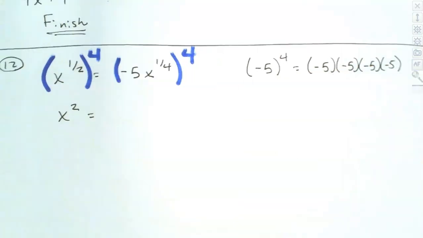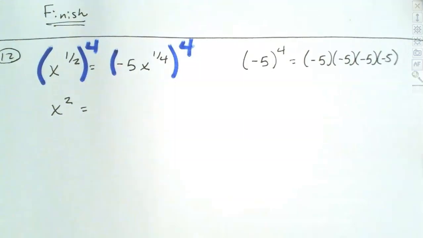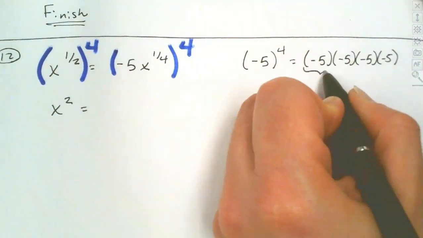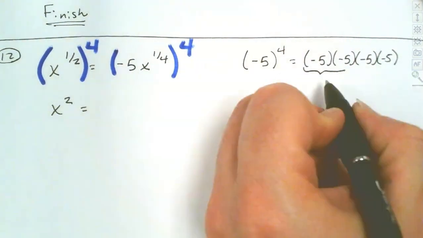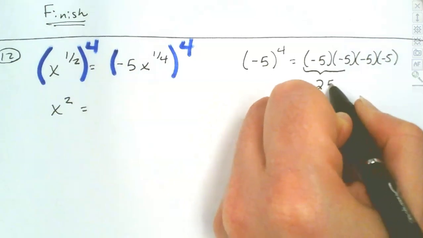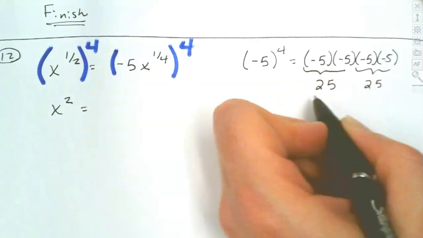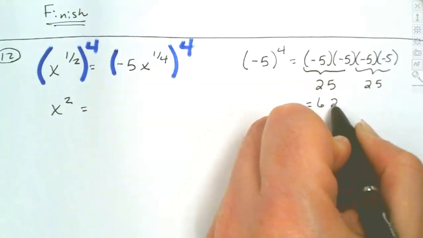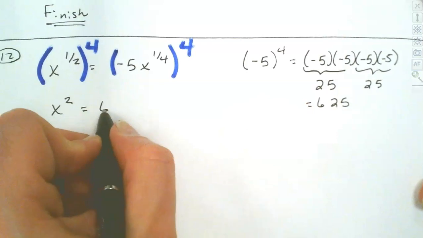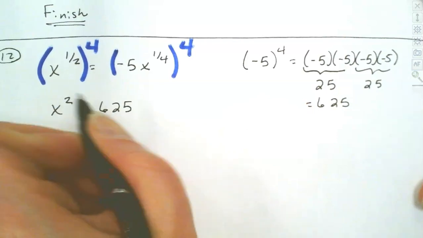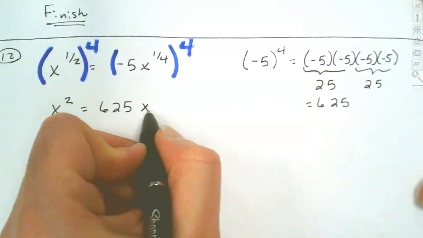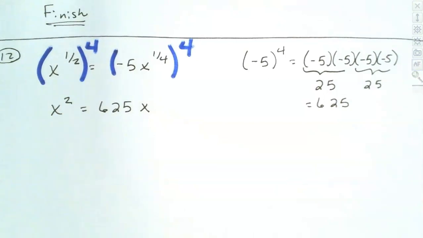So we wrote it all out. And what do we know about 4 negatives? Well, 4 negatives, when they go together, makes it a positive. So that's 25 here. And that's 25 over here, and that gives you then 625. 4's cancel, so that leaves you with a 625x.